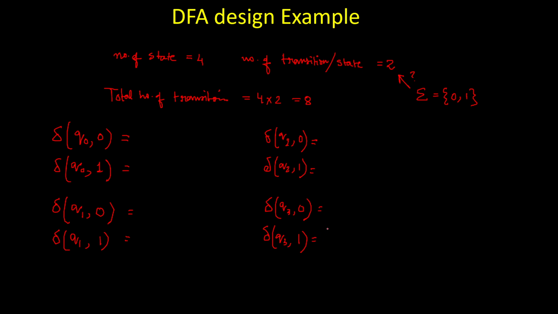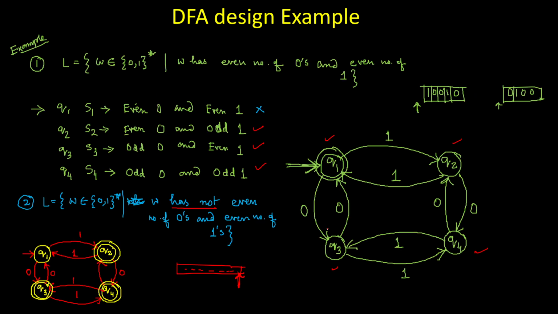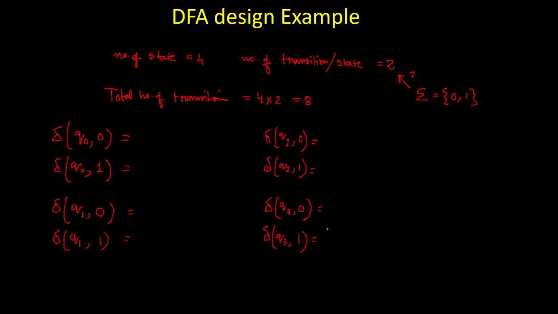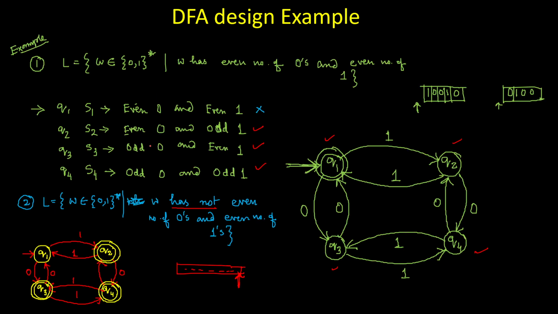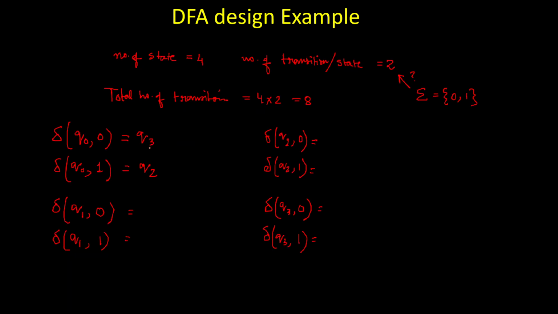And you can understand easily from this example that Q0 on 1 goes to Q2 and on 0 goes to Q3, right? Similarly, from Q2, 1 is Q1 and 0 is Q4.